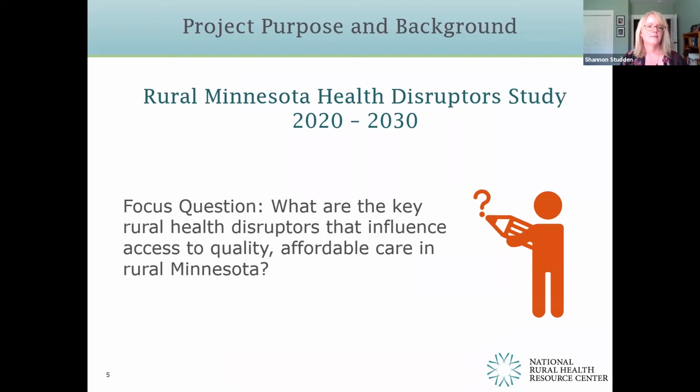I'm going to turn it back over to Sally to talk a little bit about the background and the purpose of this summit. Thanks, Shannon. Well, we're going to dive into the overall project and the different components, and then Shannon will go into the summit as well. Our project is titled the Rural Minnesota Health Disruptor Study 2020 to 2030.